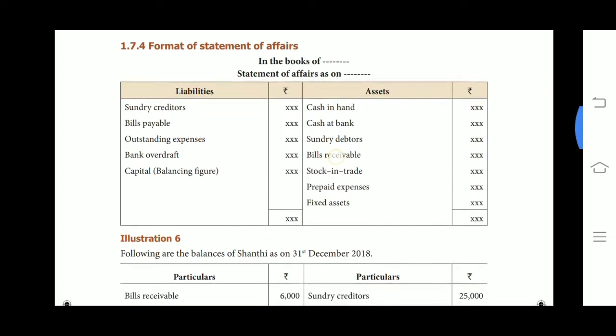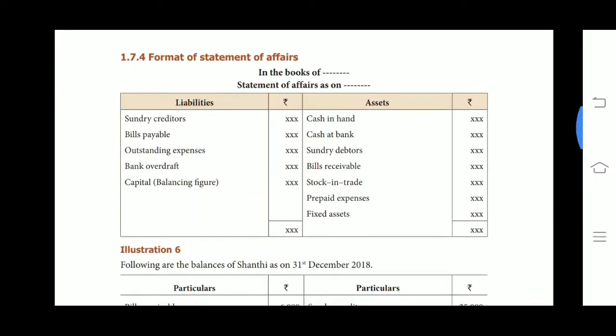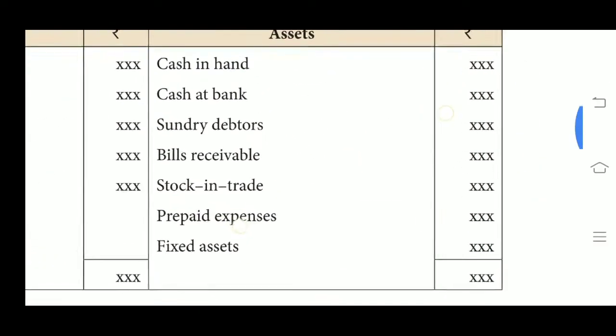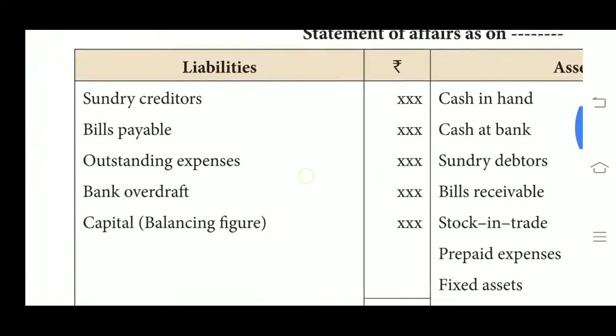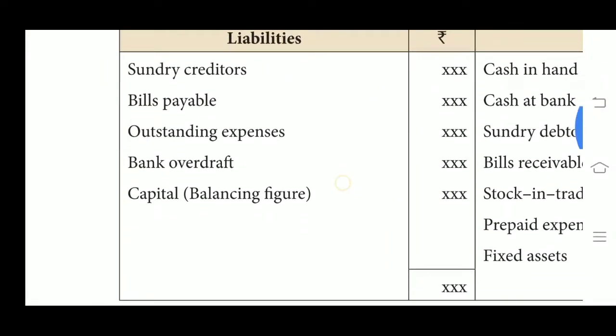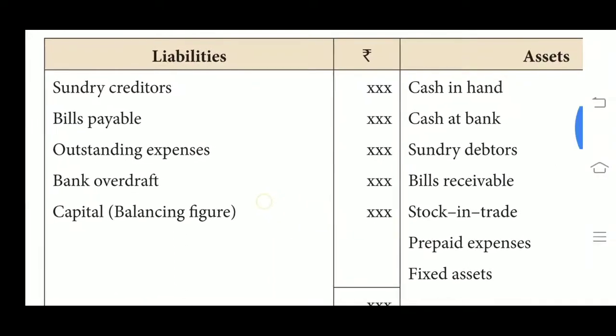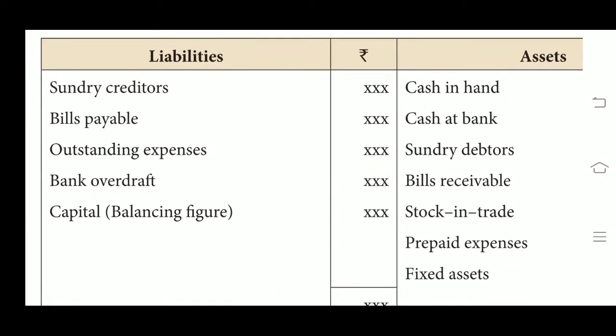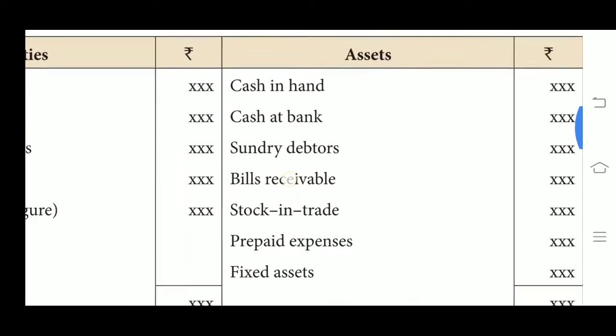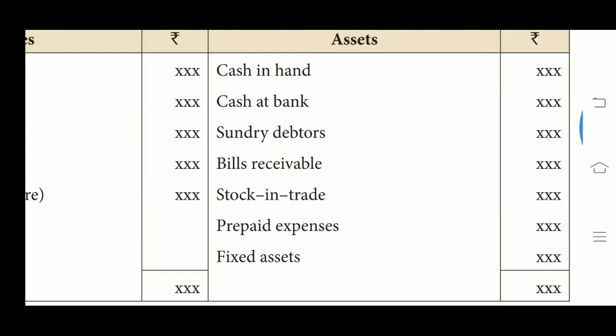On the right hand side all the asset items will be shown, and then on the left hand side all the liabilities items are shown. So first in the asset side, I will read all the asset items one by one. Cash in hand, cash at bank, sundry debtors, bills receivable, stock in trade, prepaid expenses, fixed assets.